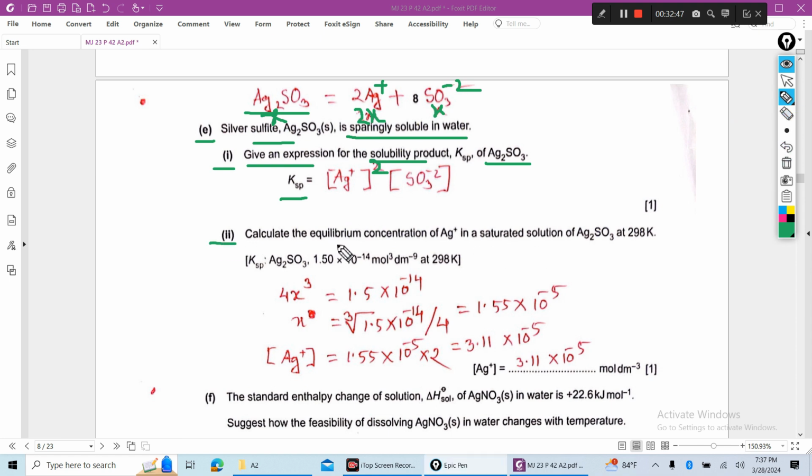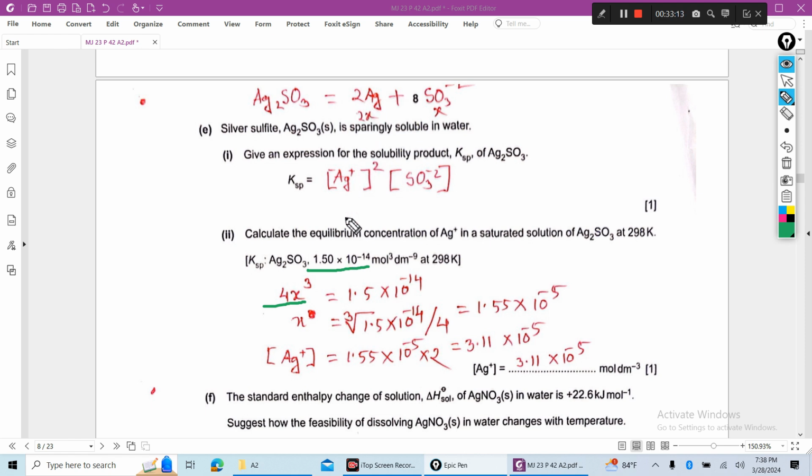Then calculate the equilibrium concentration of silver ion in a saturated solution of silver sulfide at 298 Kelvin. Solubility product of silver sulfide is given. So now 4x cubed equals this value, 1.5 times 10 to the minus 14. 4x cubed, how?